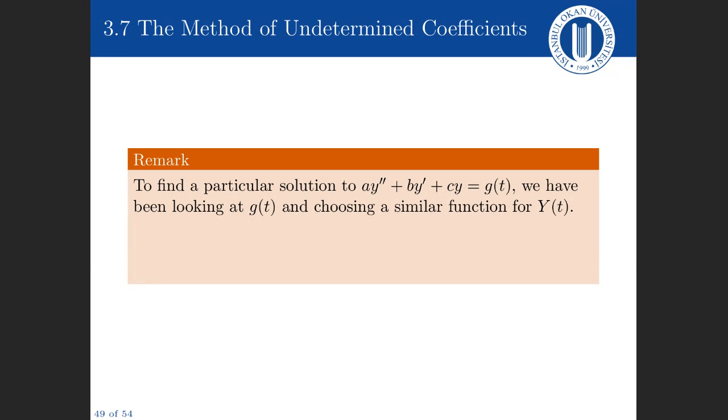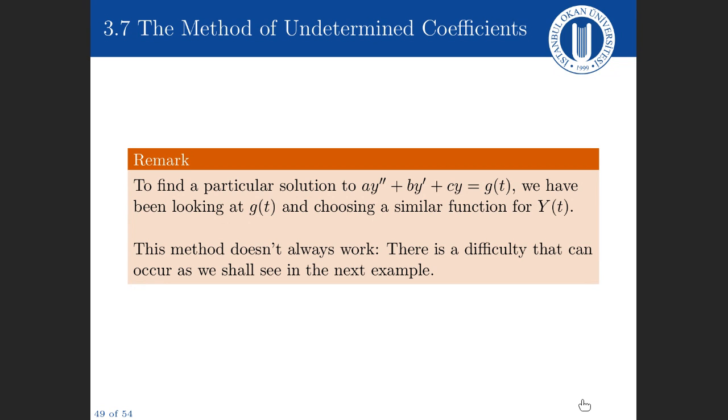So to recap, to find a particular solution to our non-homogeneous equation, we've been looking at our function g of t, and we've been choosing a similar function capital Y. This doesn't always work. There's one difficulty that occurs, as I'm going to show in the next example.